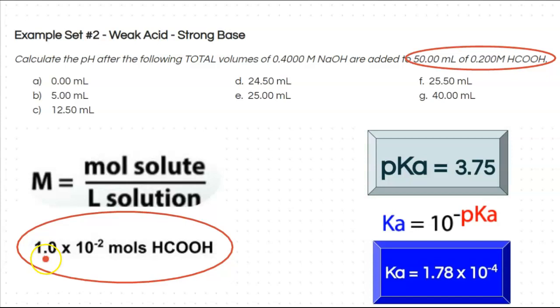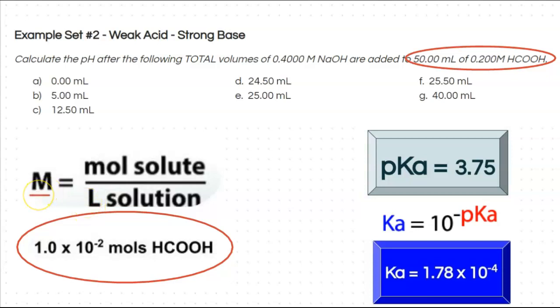I've gone ahead and calculated the moles of acid that we have for the methanoic acid by plugging in the molarity of the acid, 0.2, and the volume of the acid, which is 50 milliliters. When you use this equation, you have to convert those 50 milliliters to liters.